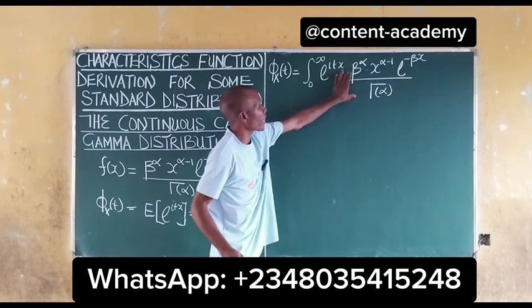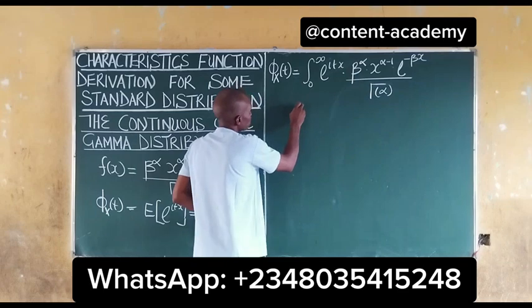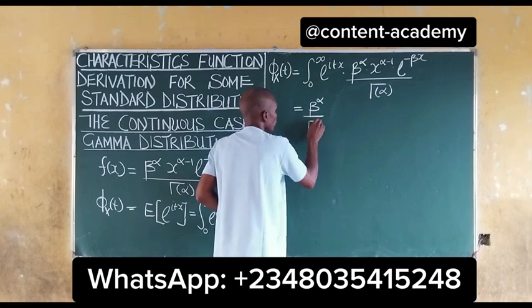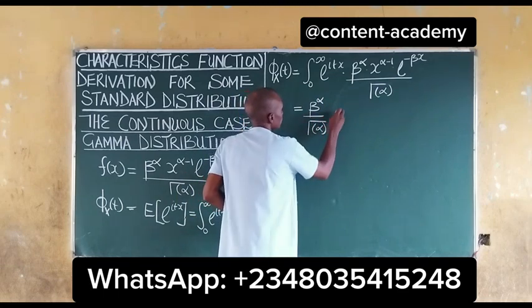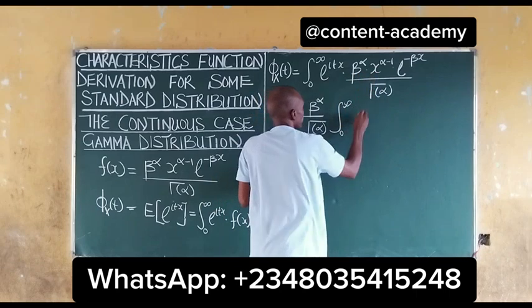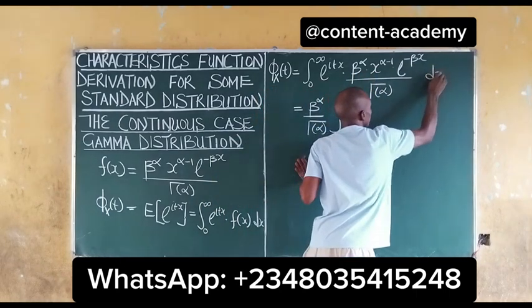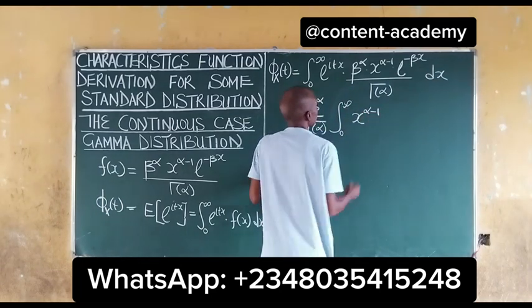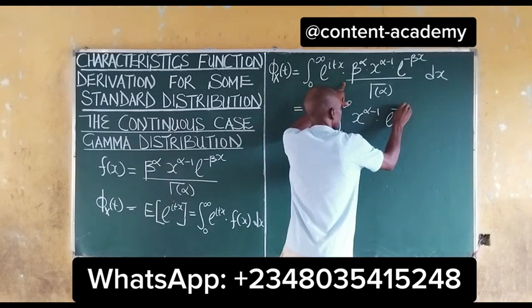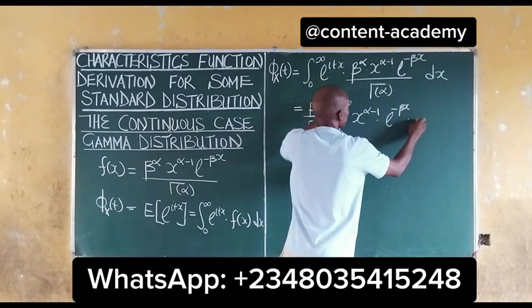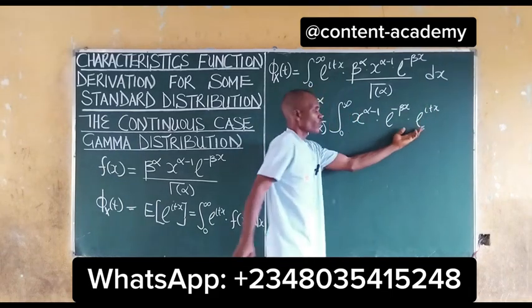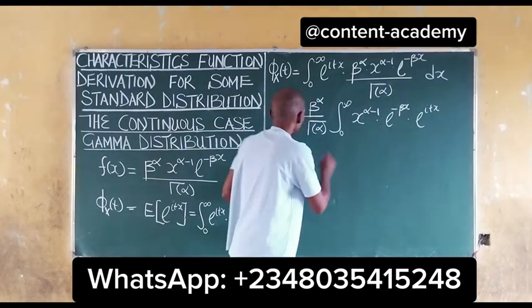So all we need to do is to bring out this constant. So we'll have beta to the alpha over the gamma function of alpha, times the integral of x to the alpha minus 1, multiplied by exponential negative beta x, multiplied by exponential itx. Since this x is common, we can do something here.